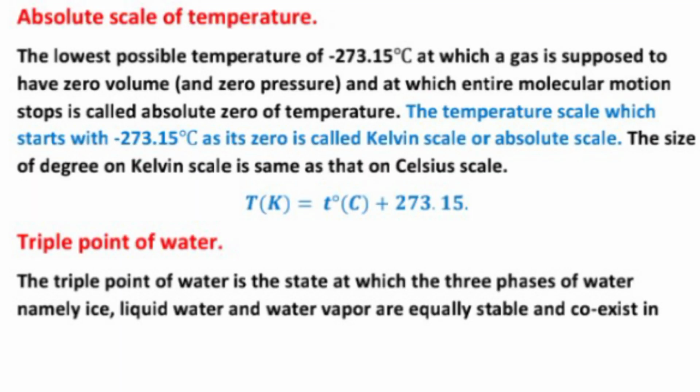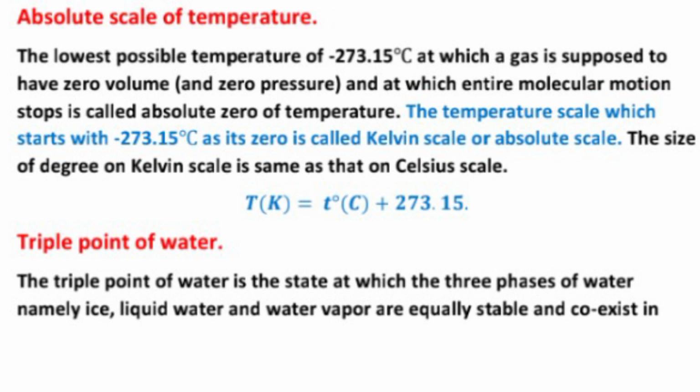Absolute scale of temperature. The lowest possible temperature of minus 273.15 degrees centigrade, at which a gas is supposed to have zero volume, and at which entire molecular motion stops, is called absolute zero of temperature.